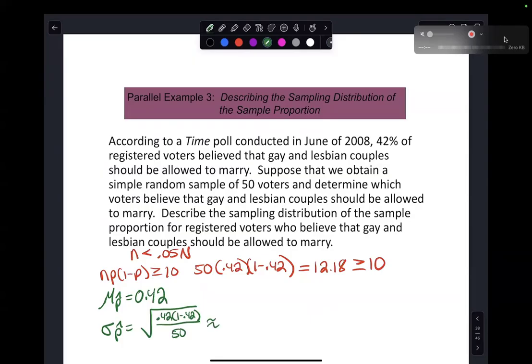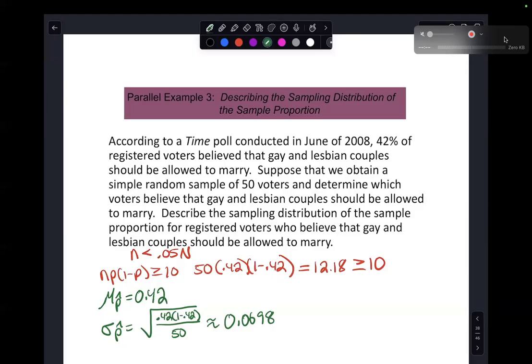I'm going to put that in my calculator and math it out. You may need to be careful with parentheses in this case. 0.0698. All right, so I have all of the pieces I need.